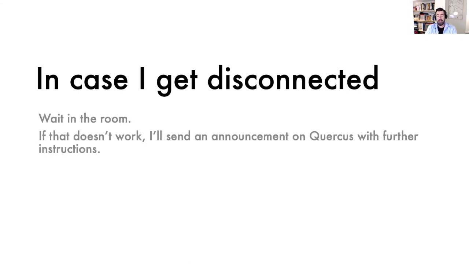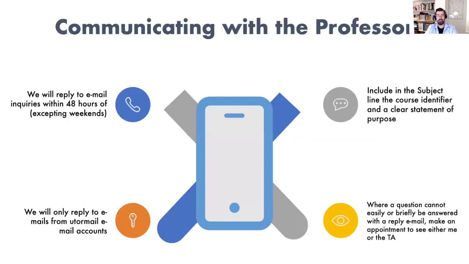And if you are disconnected, I'm going to ask you to please send a message on the discussion board explaining what happened. But we'll talk about that later as well.